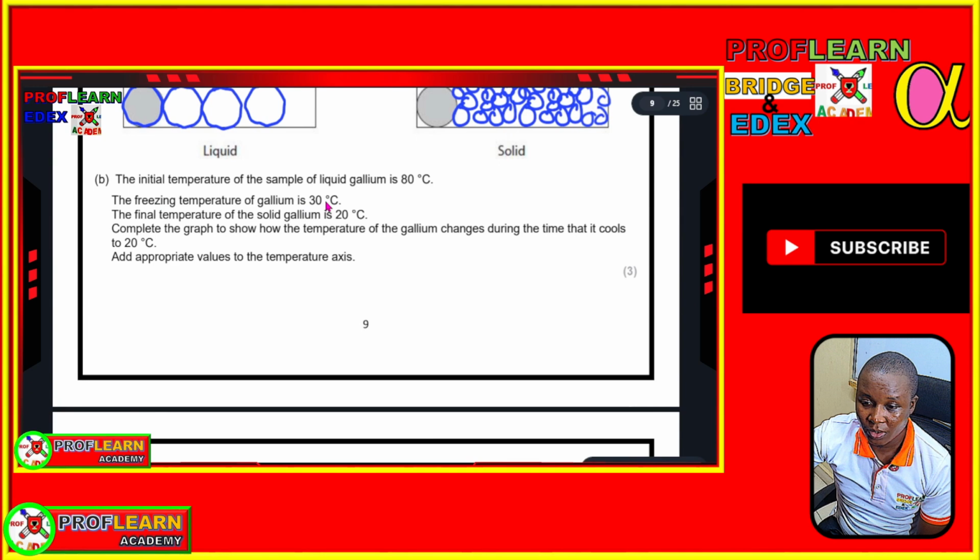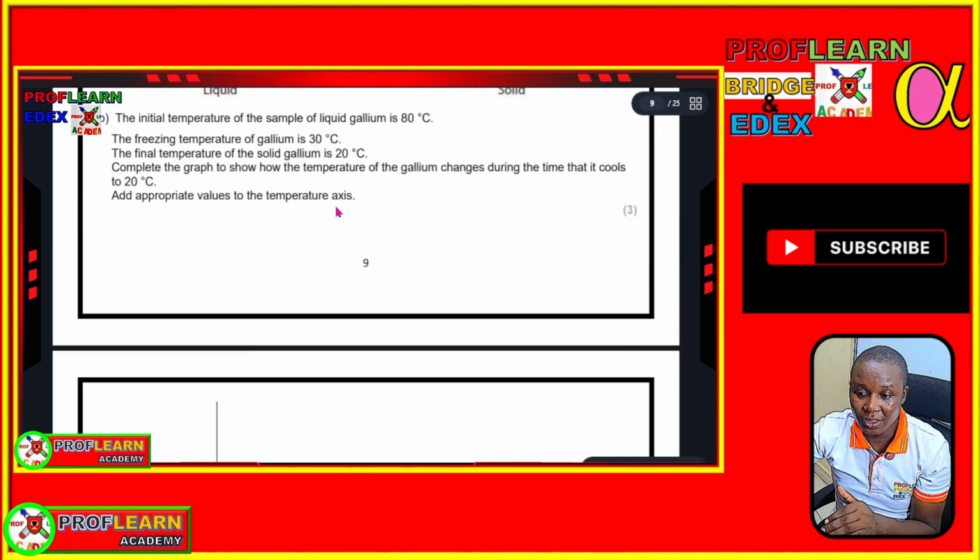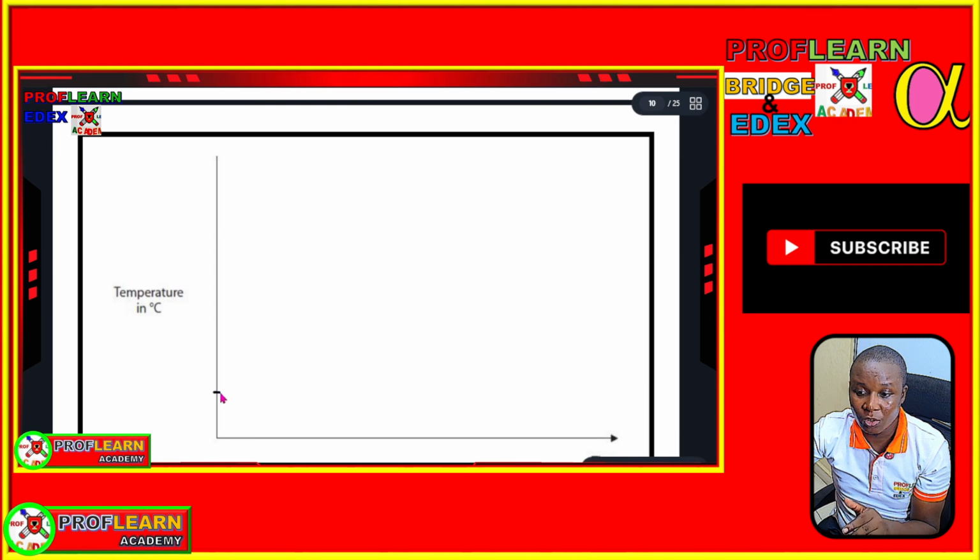And here we are told that the freezing temperature of gallium is 30 degrees and the final temperature of the solid is 20 degrees. Initially the temperature was 80 degrees Celsius. Freezing is at 30 degrees. So how are you going to draw that diagram? The initial temperature was 80. It will cool down, it will lose heat. Then when it reaches 30 degrees, the temperature is going to remain constant.